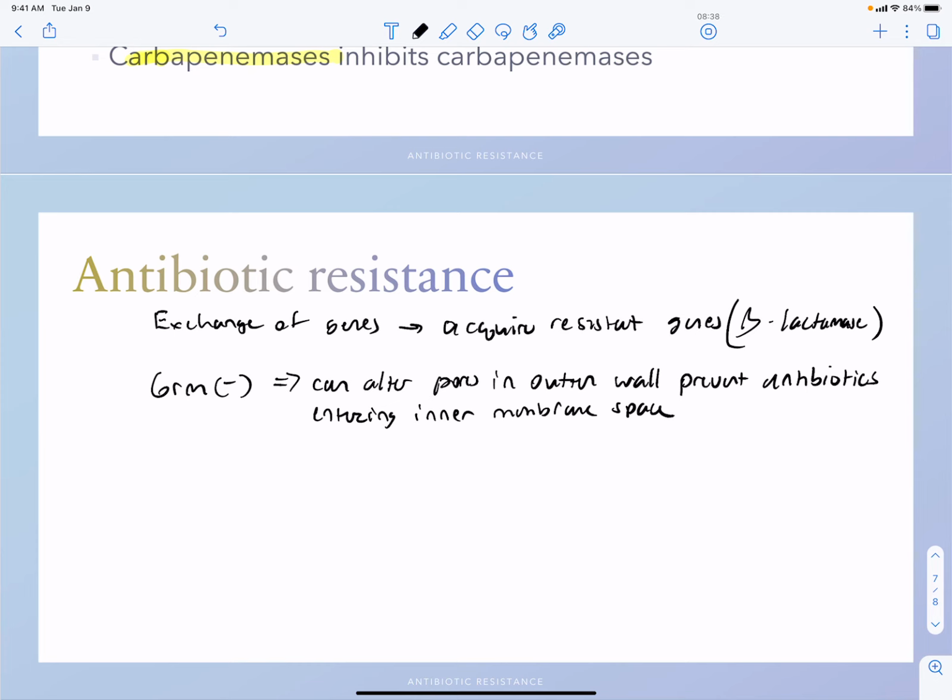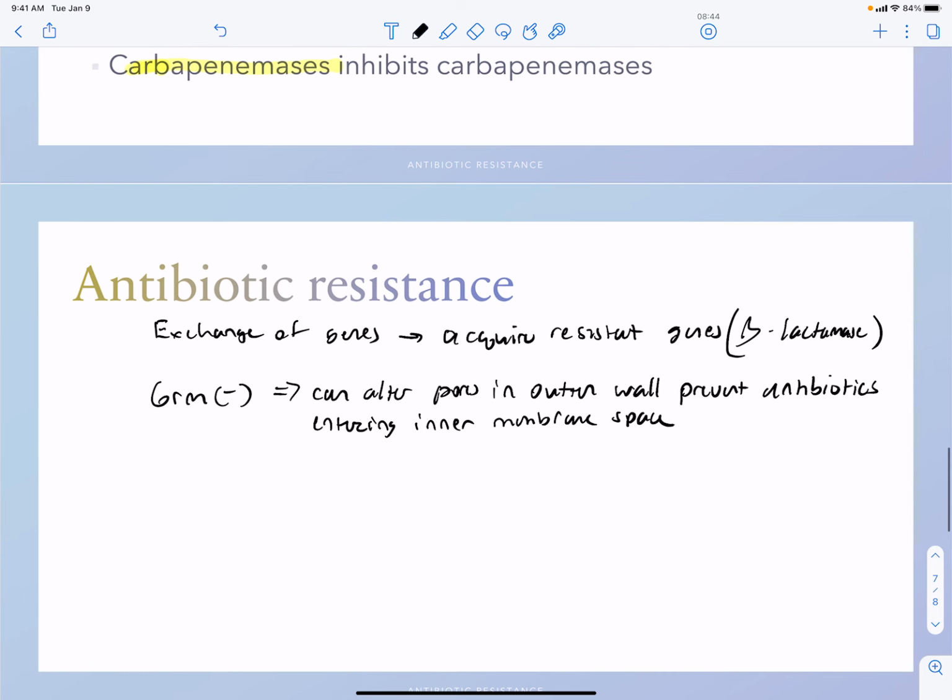And so gram-negative bacteria can stop many antibiotics at this point. Your gram-negative bacteria can also pump out, which is efflux, antibiotics. And so this is just another function of your gram-negative bacteria.